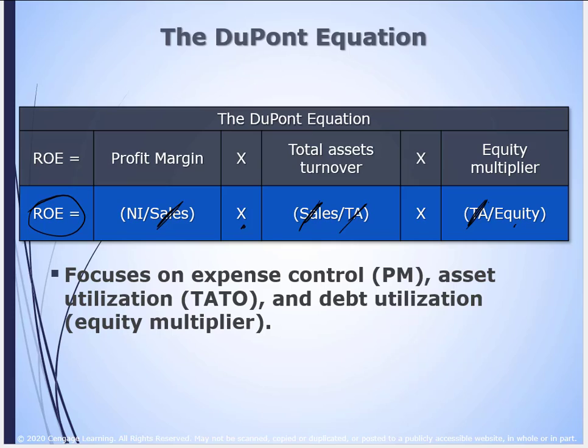So what does this mean as far as understanding management's decisions and their influence on profitability for owners? If you want to increase profitability for owners, there are three things management can do. The first thing they can do is make more money, right? Become more profitable. Find ways to decrease the cost structure of operations.